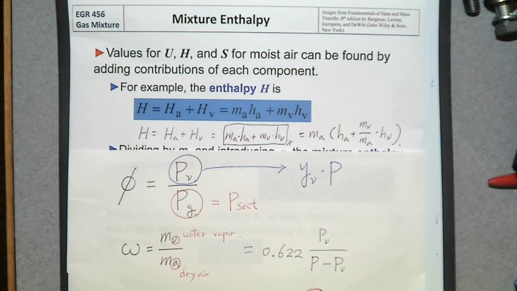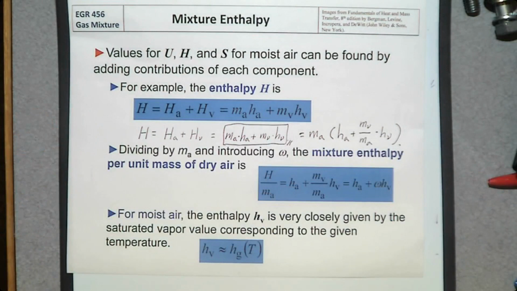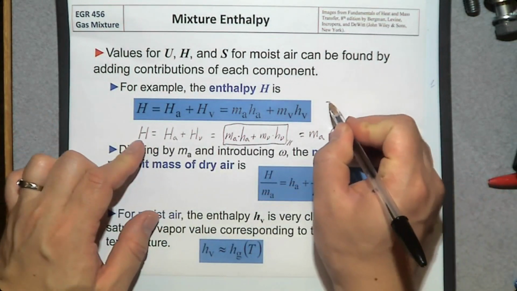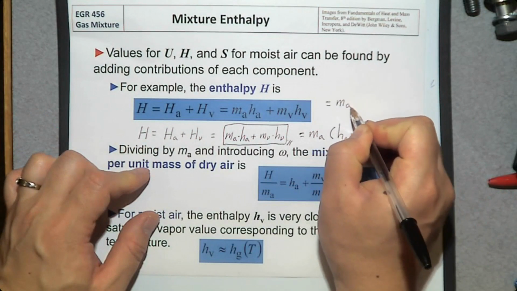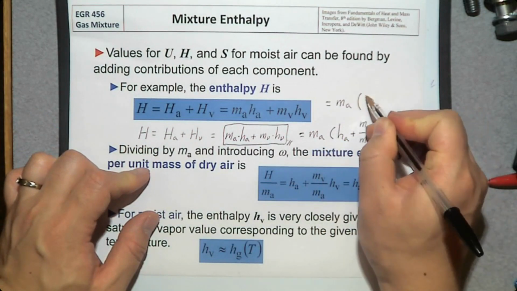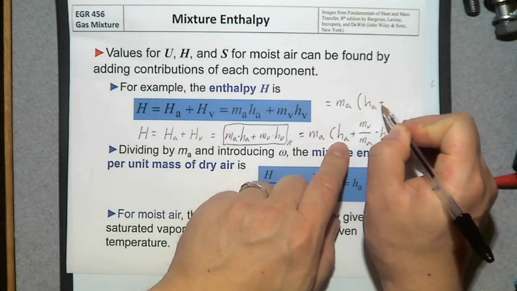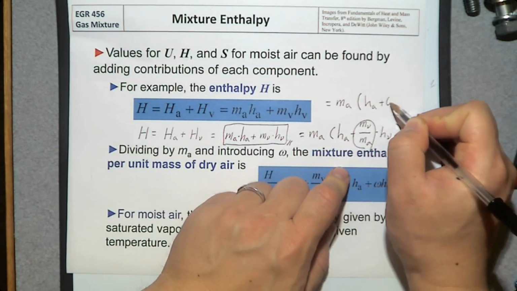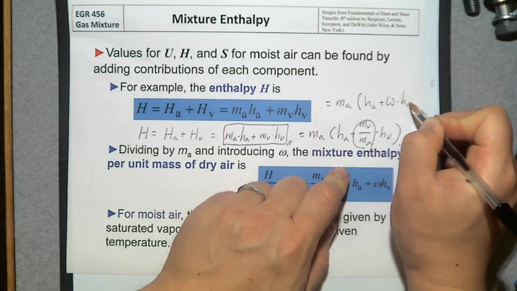So we can replace this one with the humidity ratio. So H, the total enthalpy of a mixture, can be determined by ma, the mass of dry air, times ha plus omega times hv.